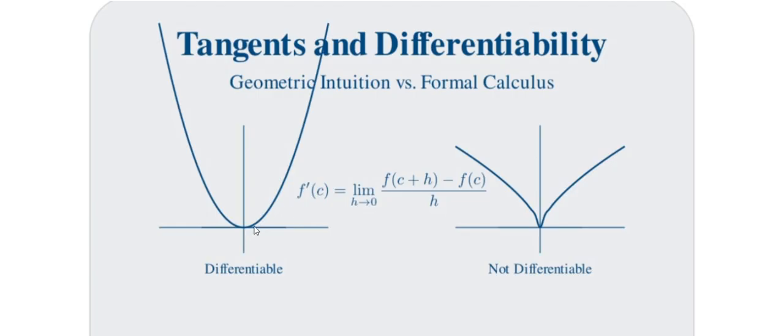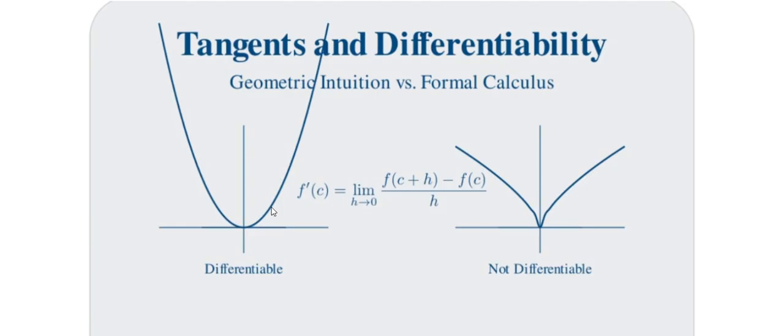Suppose C is a point, and C comma f of C is a point on the curve. I want to find out the rate of change of the curve at that particular point. What we can do is choose two points, that is, C and C plus H. What is the change in the output as H tends to 0?